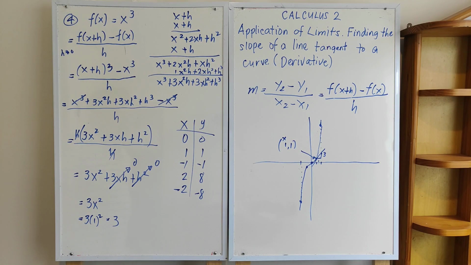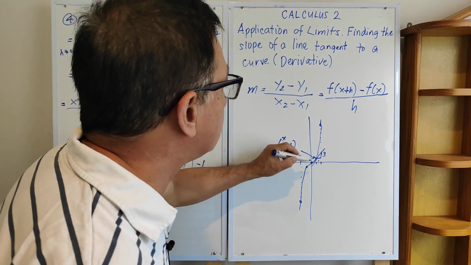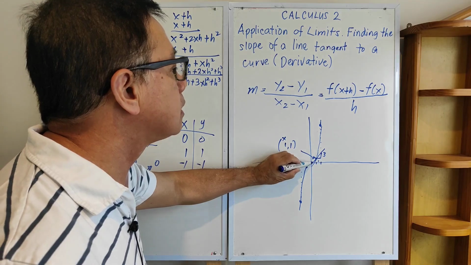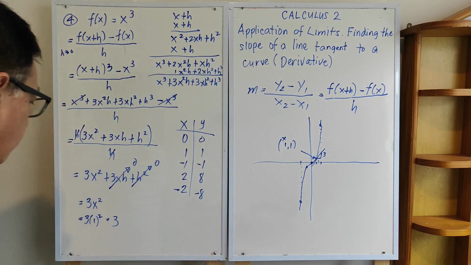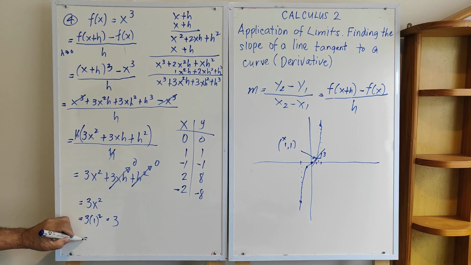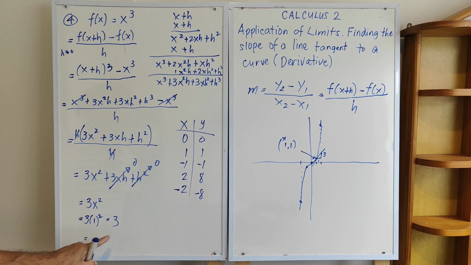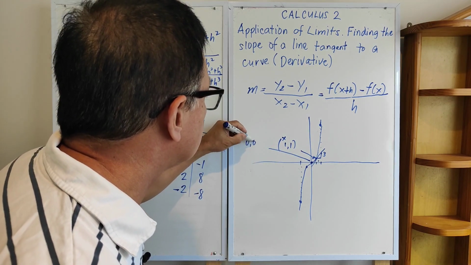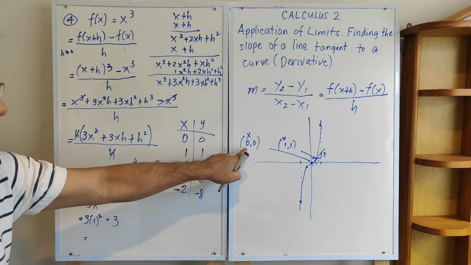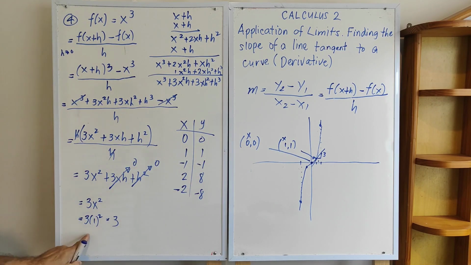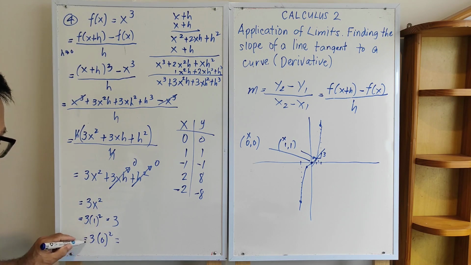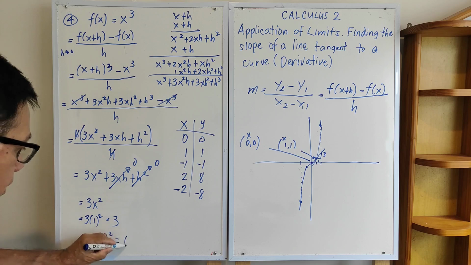Let's get the slope at 0, 0. This point is 0, 0, so your x is 0. You replace x with 0. So 3x squared, 3 times 0 squared, is 0.